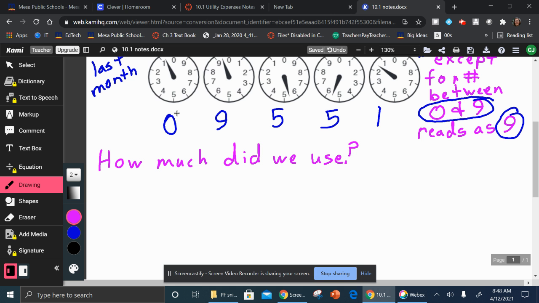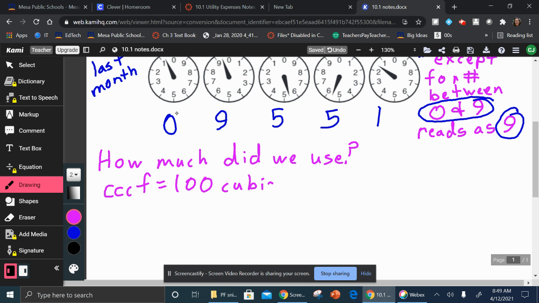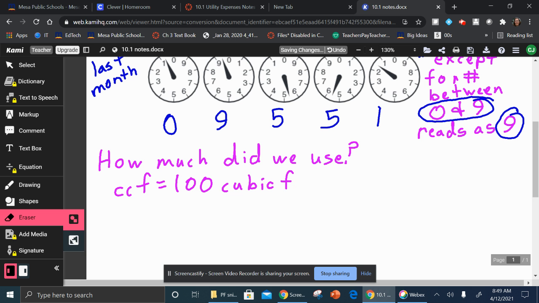CCF stands for 100 cubic feet. Remember cent is 100, a century is 100, so that's where they're getting that C from. I don't know why I put an extra C. So CCF is 100 cubic feet, feet instead of foot.